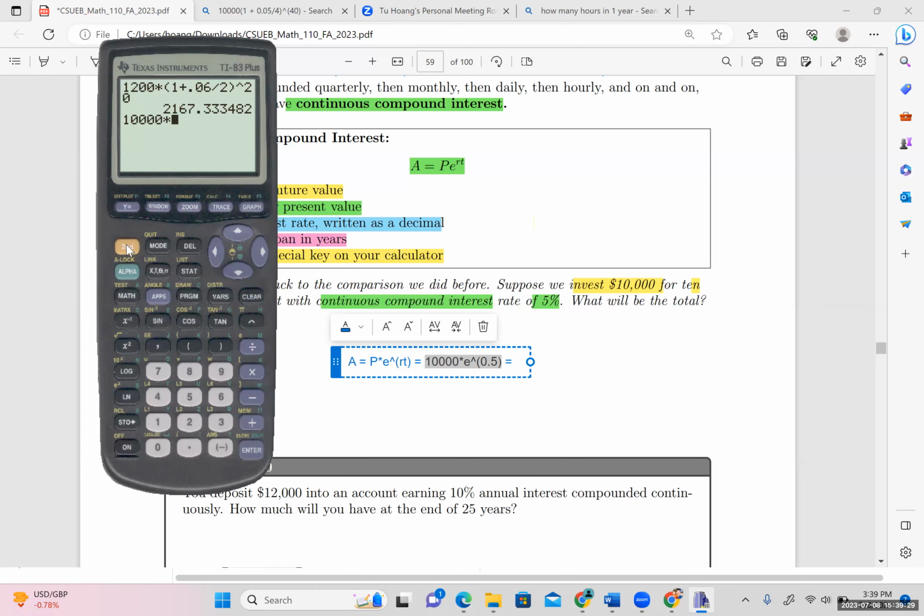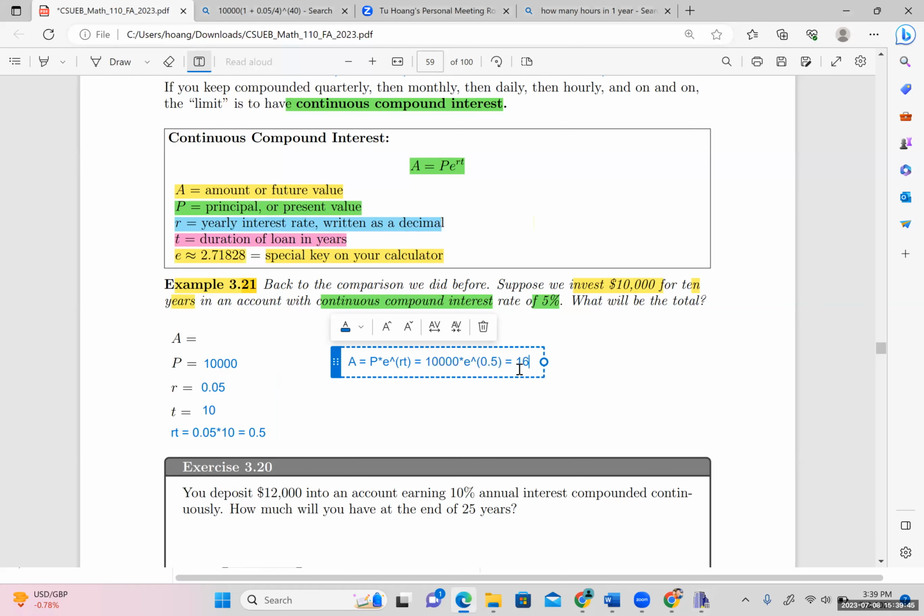Use this E because it already has the raised to, so E 0.5. Enter, and you have 16,487.21 dollars.